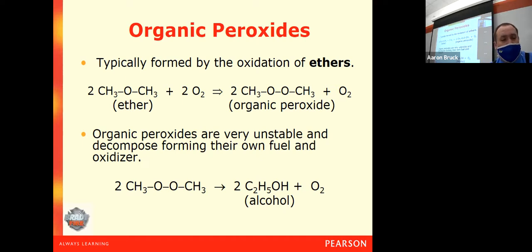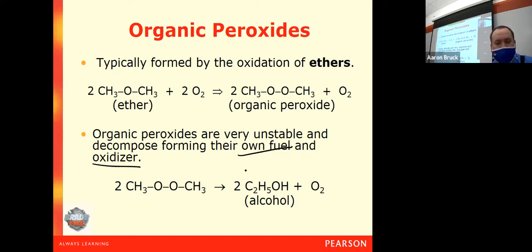At any rate, when we react these ethers with oxygen, they create organic peroxides. And those organic peroxides can then decompose. And when they do decompose, the dangerous part about them is that they form their own fuel and an oxidizer to go with it. So we get some kind of a breakage in the linkage here.